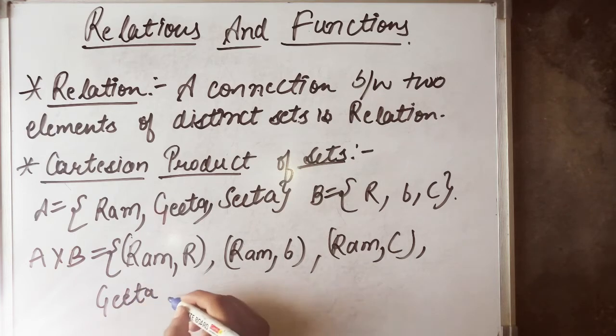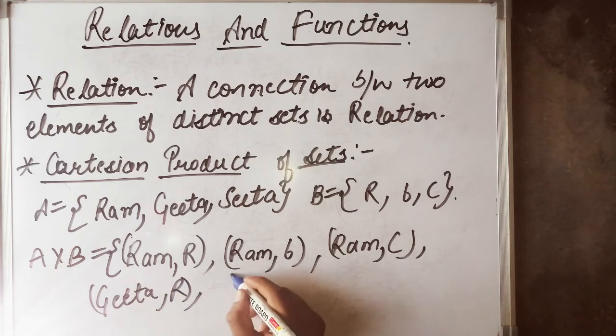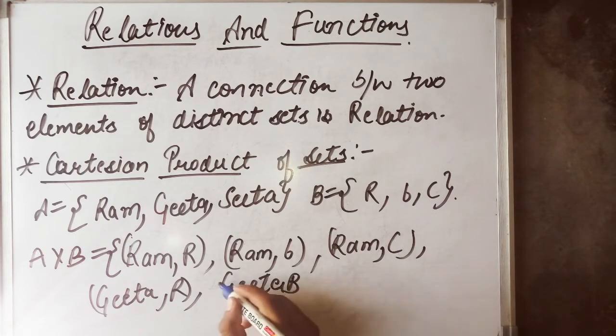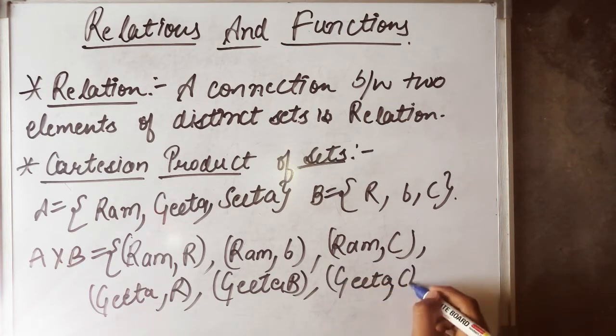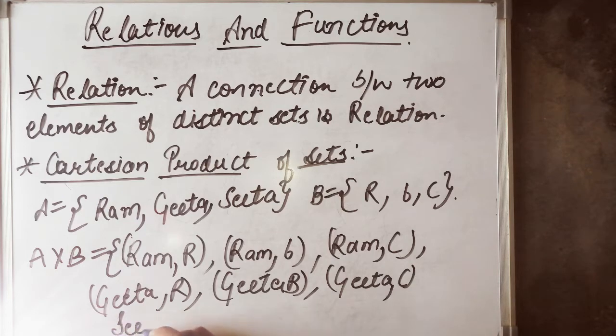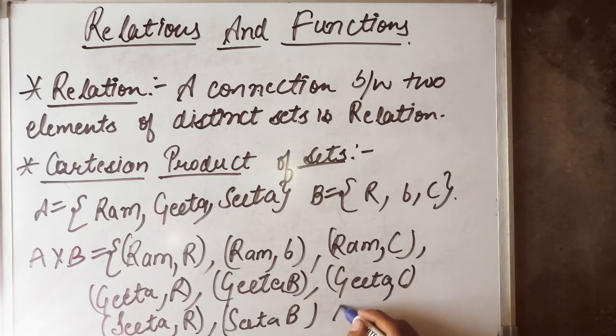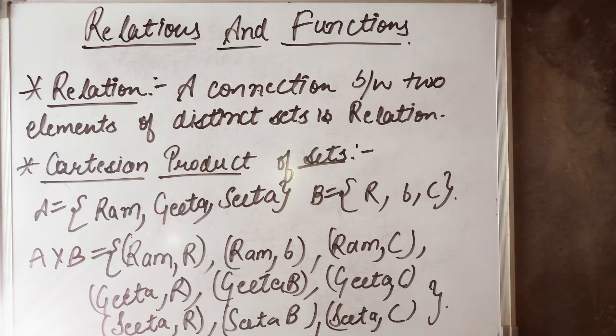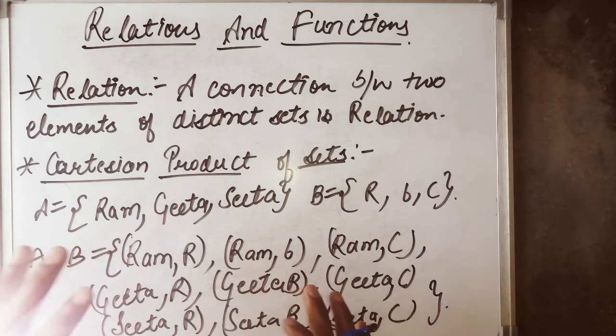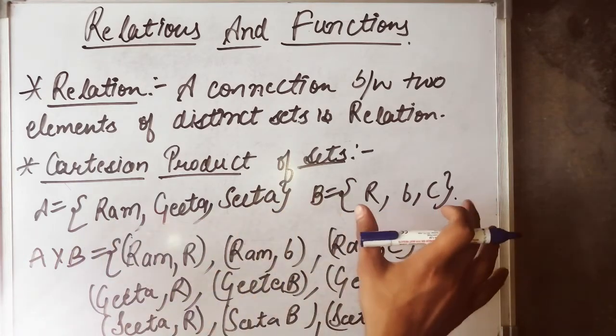Same you will write here again, Geeta R, Geeta B and Geeta C. And the last one is Sita R, Sita B and Sita C. If we see this product carefully, we come to know that we have found the relation of each of these elements with the B set elements.